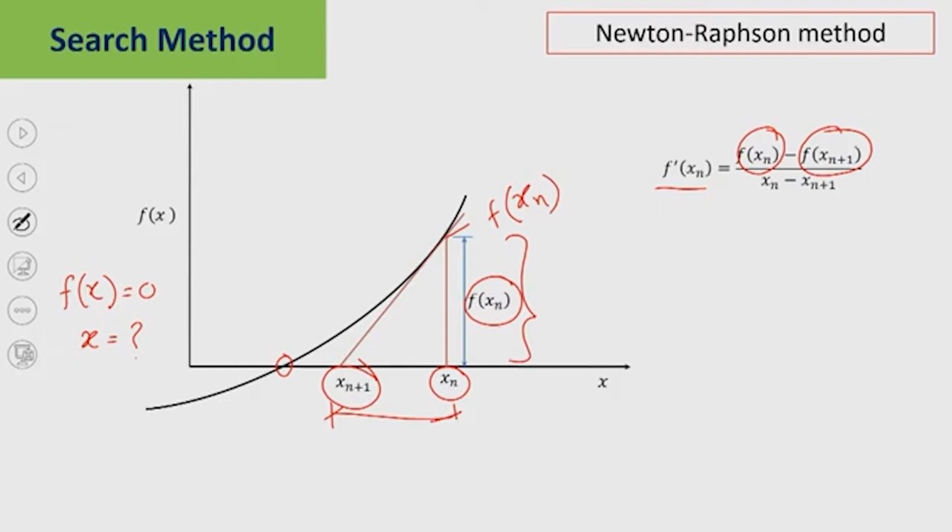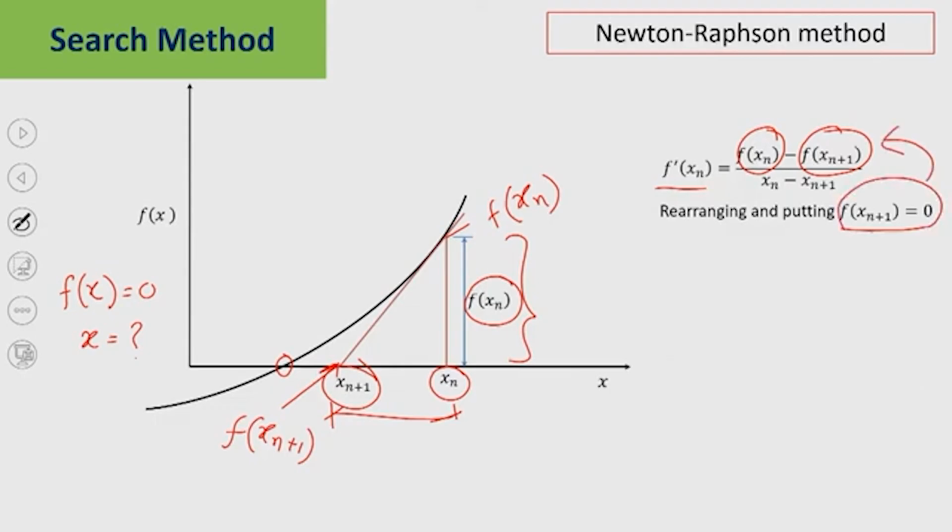Now f of x n plus 1 is equal to 0, and if I put f of x n plus 1 equal to 0 in this equation and rearrange the terms, I get x of n plus 1 equal to x n minus f of x n divided by the first derivative at x n. Using this equation I can approximate x n plus 1.